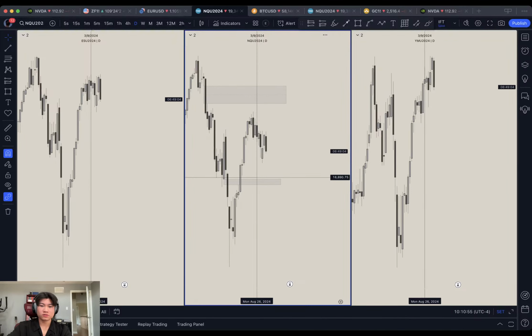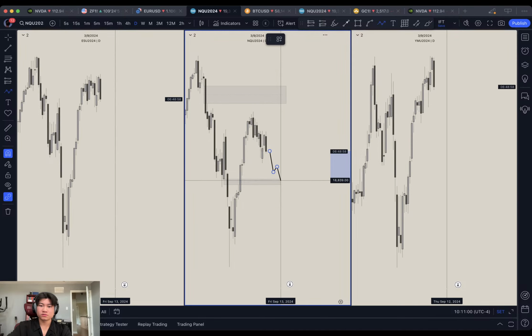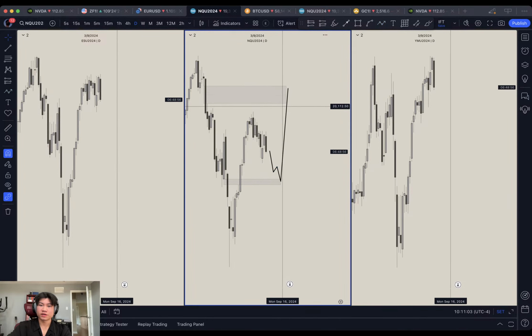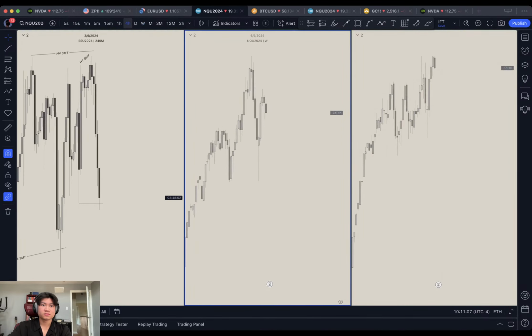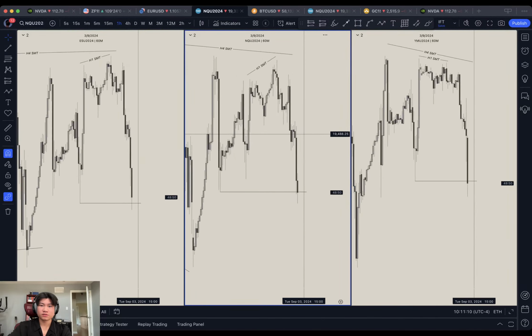I'd most definitely like to see price reach lower, SMT on the lows, reach higher, something like that maybe. That would be ideal. That'd be nice. Now it suddenly makes sense.